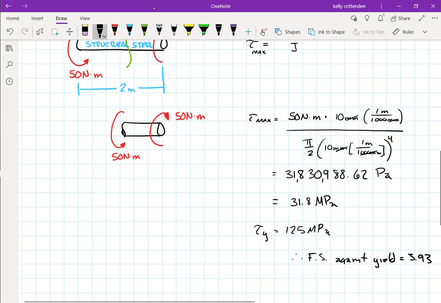And now what we want to do is see, okay, so it didn't yield, so how much did it twist? If it had yielded, then the angle of twist equation doesn't really work anymore, because it would work up until the point of yielding, and at that point it's yielded now, so it has a different modulus of rigidity. Remember the graph, well, here's the modulus of elasticity graph, which will look similar.